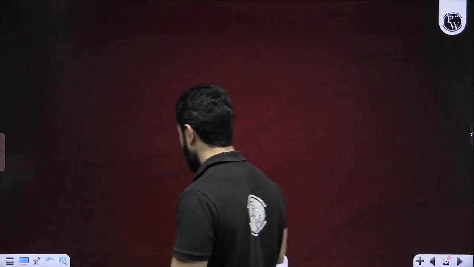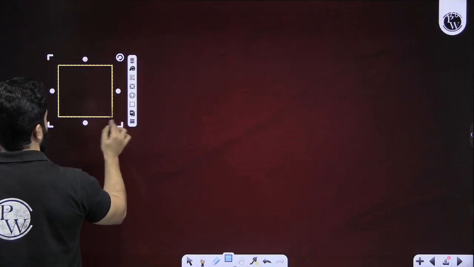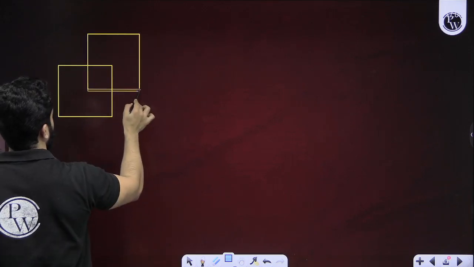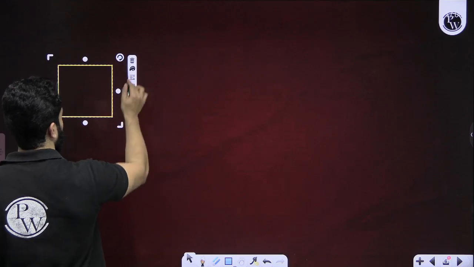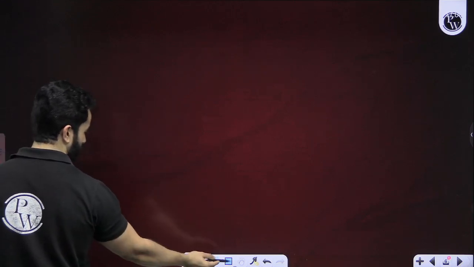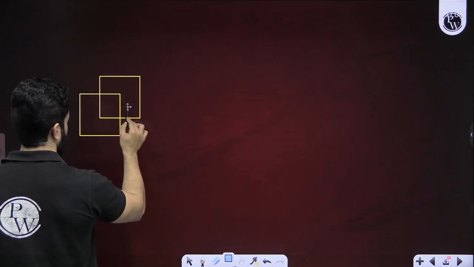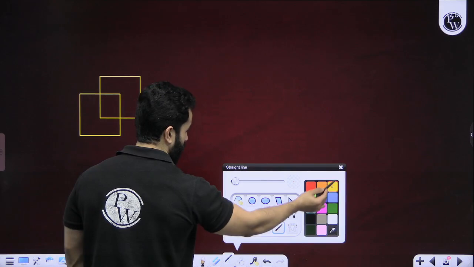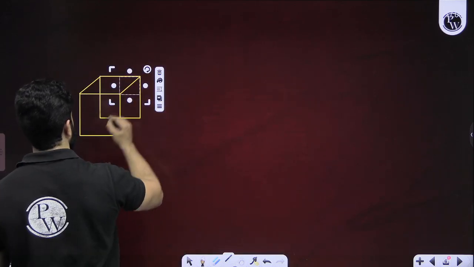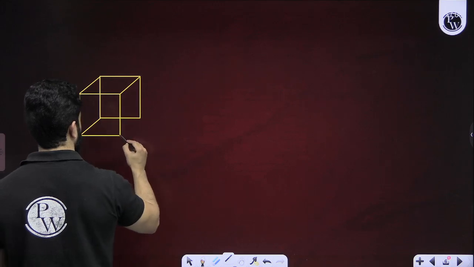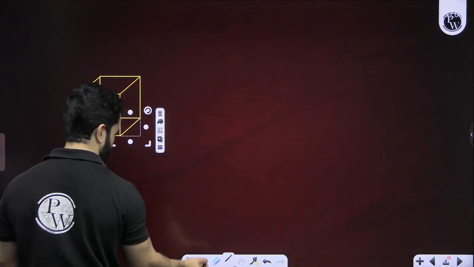Next is, let's suppose you have got another cube, and now you have got a charge at one of the edges, somewhere over here.